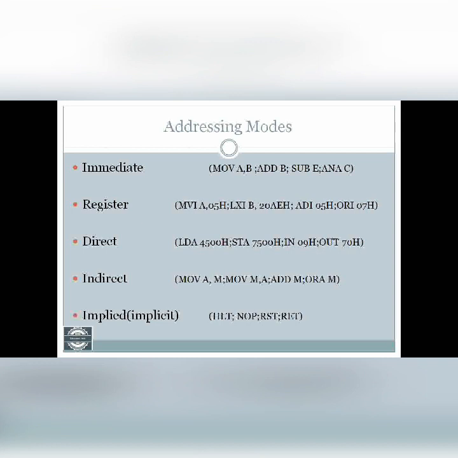Then for these types of implicit or implied mode you need: HLD hold, NOP no operation, RST reset, RED read. These are the purposes. So until this much, I think it is clear to you. You can write down those examples also if you need.